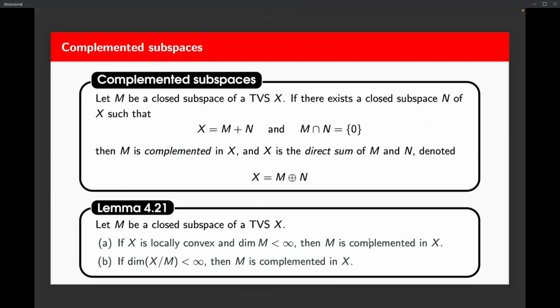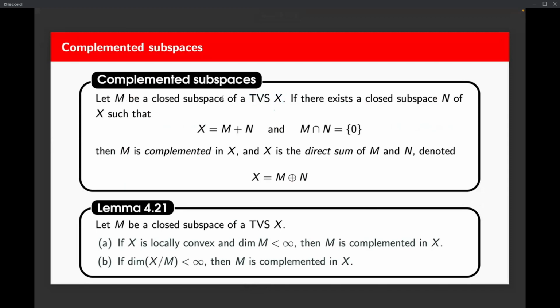And then we'll talk a little bit about complemented subspaces. This is quite similar to the definition in finite dimensional linear algebra, except here we require things to be closed subspaces. All this applies to any topological vector space, although we're going to apply it in Banach spaces.